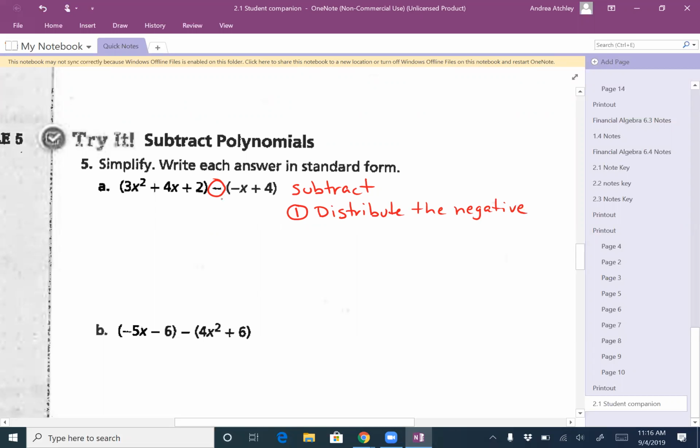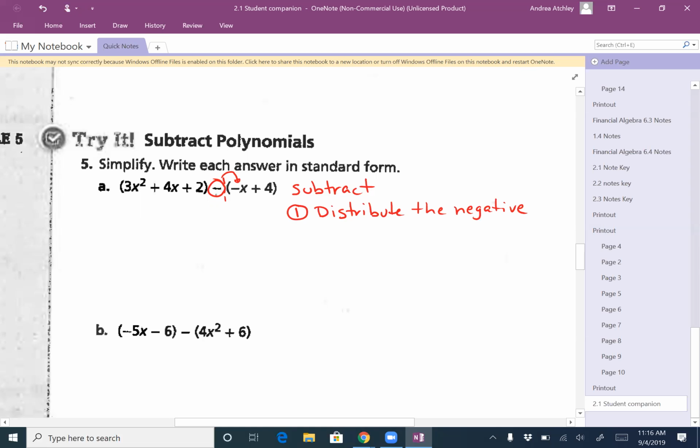Because of that negative sign in front of the parenthesis, there's like a -1 right out front. In order to eliminate it, we distribute that negative to our parenthesis.